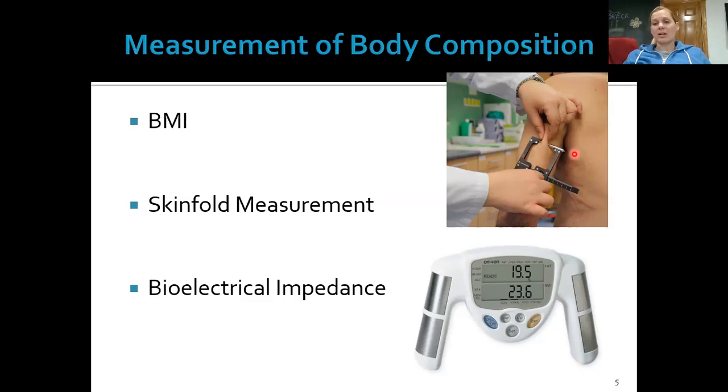If you're working with athletes or people that are relatively fit, this is a great way. This is easy to do if you have the skill, and it is very accurate. But if you're working with people that are pretty overweight, it's not going to be as accurate because it's more difficult to get a true skin fold measurement. So that's the deal with the skin folds.